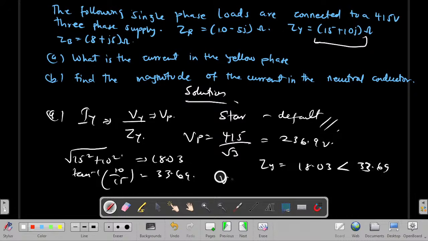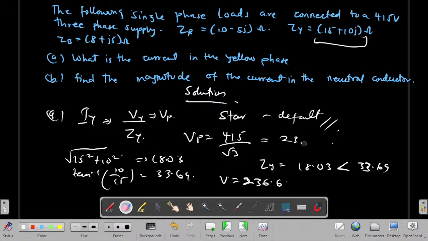Whilst my voltage is simply equal to 415 over root 3, the answer is 239.6. Sorry, I made a mistake.